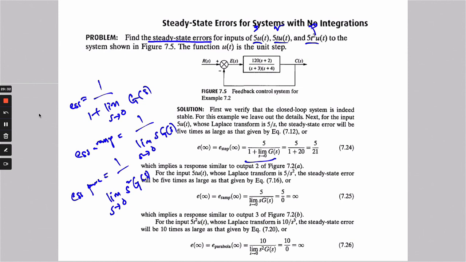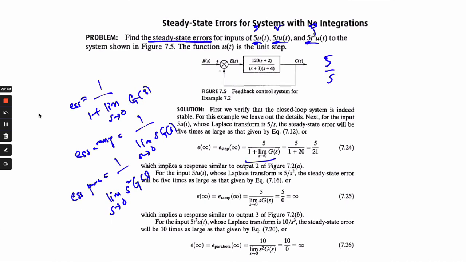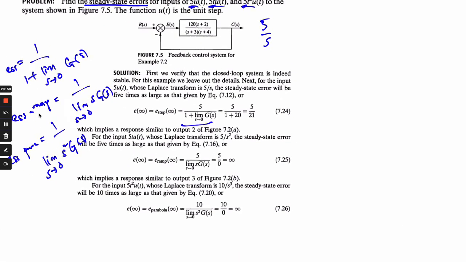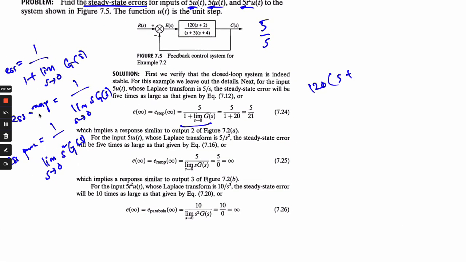So for the step input, we use this equation. Since it is not a unit input, because we have 5 here, for the step it is actually 5 over s. So we put it into the equation. We have 120 (s plus 2), s plus 3, and s plus 4, and the term for R(s).